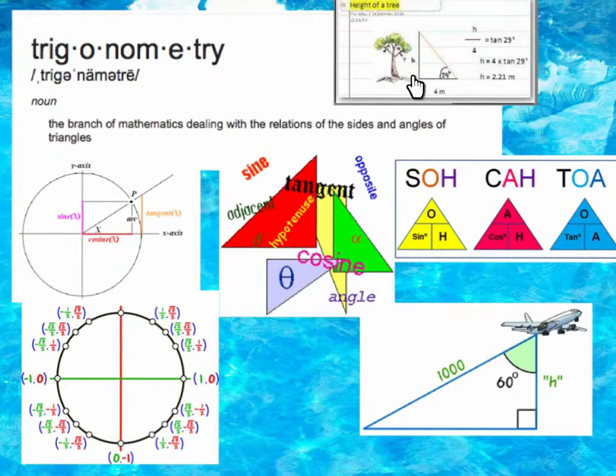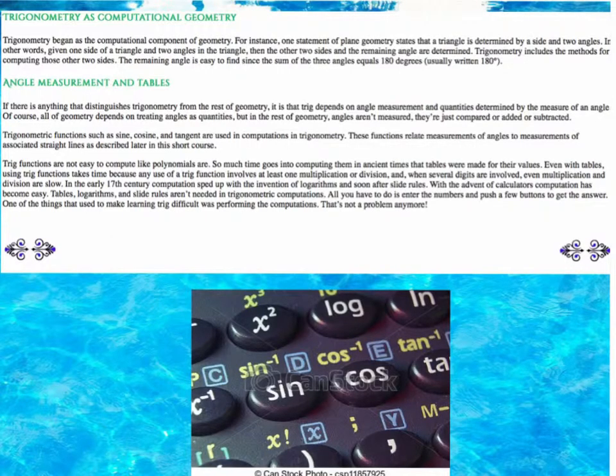You can find the height of an object, or you can find the height to an object using the degree angles, and then also being able to use the side measurements. So really, trigonometry is a computational type of geometry.